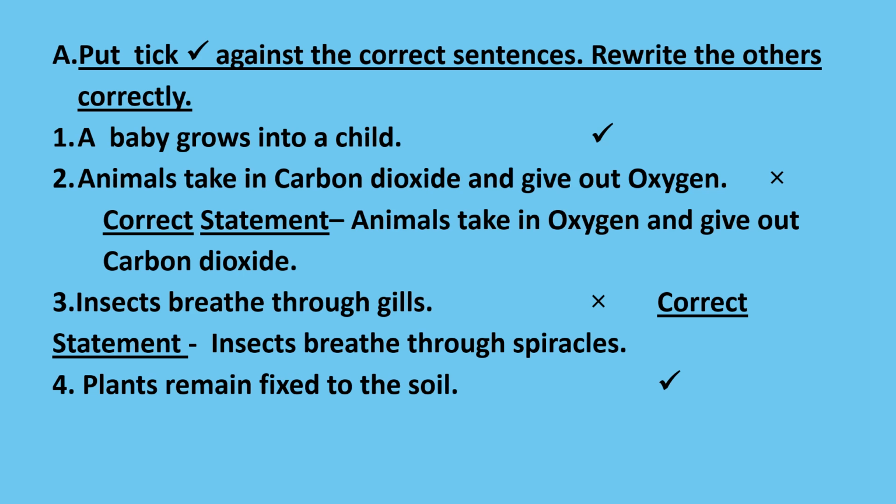Fishes used to breathe through gills and insects used to breathe through air holes called spiracles. So the correct statement will be insects breathe through spiracles, or we can also write fish breathe through gills.